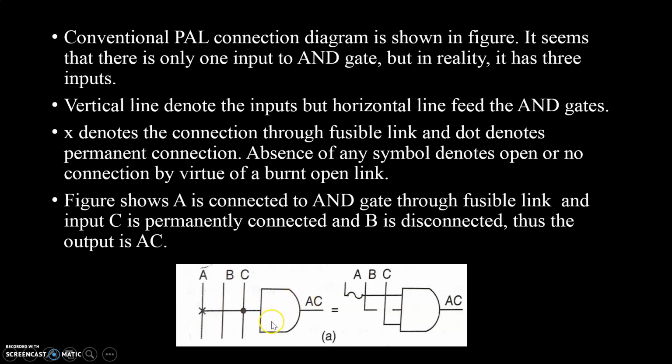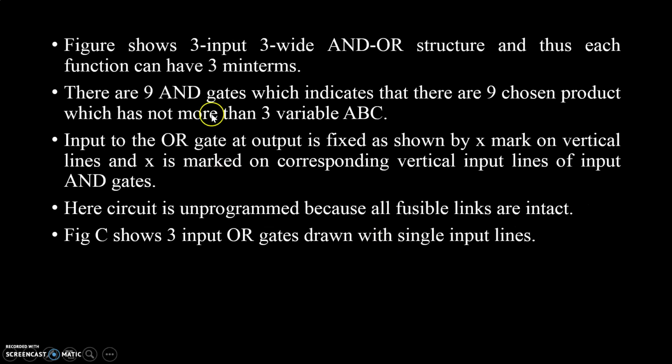Thus the output of the AND gate is A into C. A into C can be shown in this manner also, which is shown on the right hand side of figure A.